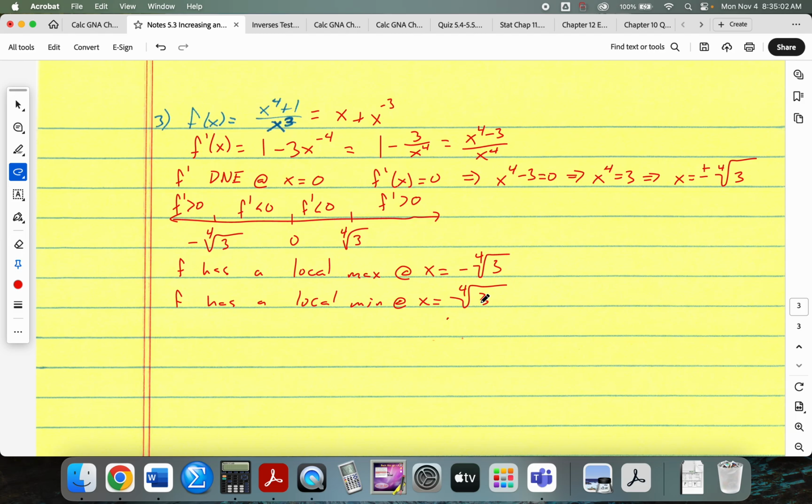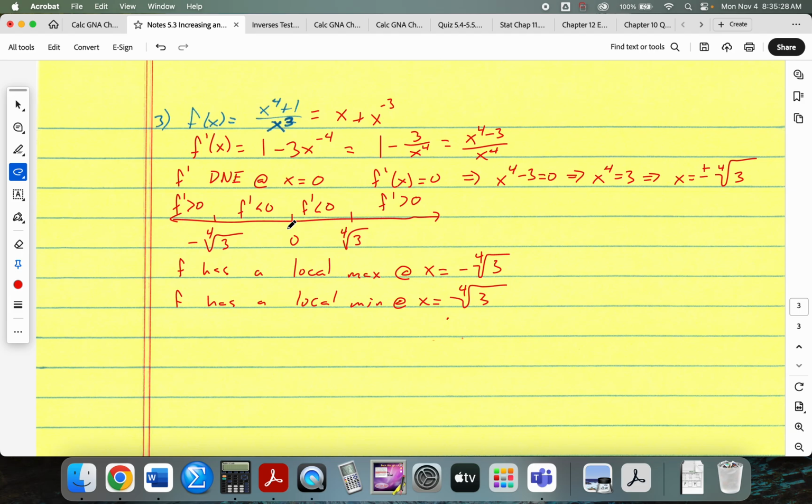By the way, if they asked you for the intervals on which f is increasing or f is decreasing, there's only 3 intervals. On this whole interval, f is decreasing. You're like, well, at this point, isn't the derivative 0? Yes, but remember, increasing and decreasing is always on an interval.